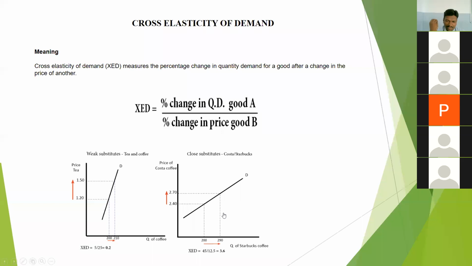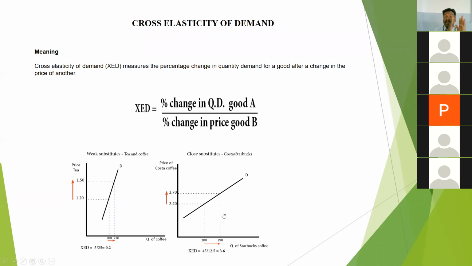Whether it is slightly increasing or greatly increasing, that is secondary. But what happens here is, when the price of a commodity increases, the same commodity's quantity demanded will decline. But if we check the substitutable commodity, its demand will increase, with certain assumptions.